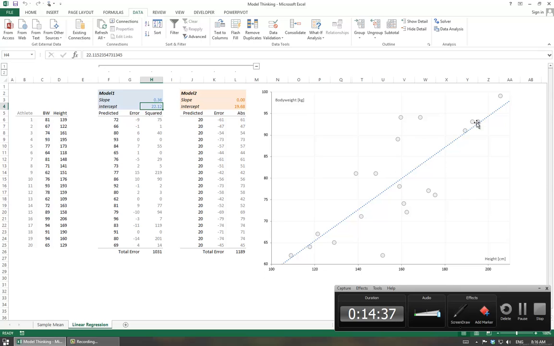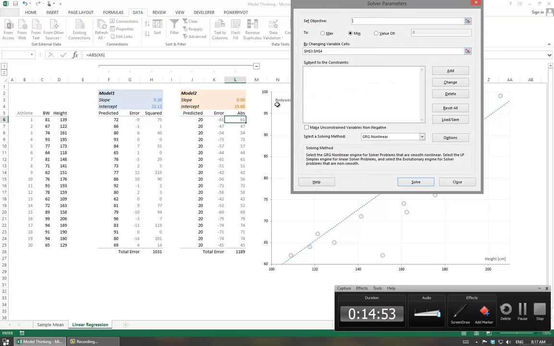We're going to do the same thing, but this time we're going to use absolute value as a way to get rid of the minus in the error. Same thing, we're going to use solver. We want to minimize this one by changing these two and solve.